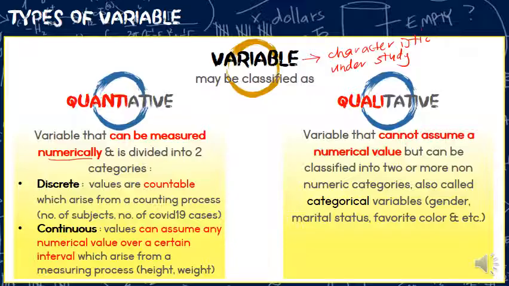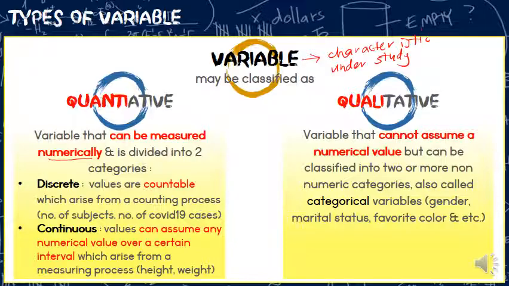This quantitative variable can also be divided into two more categories. It can either be discrete quantitative or it may also be continuous quantitative. Discrete quantitative are values. Values are countable, which arises from a counting process.